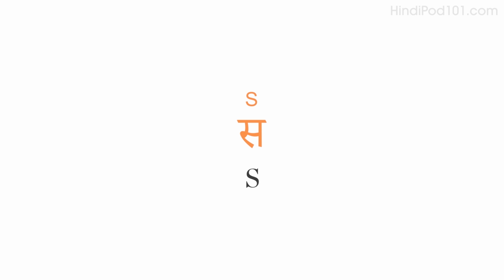We also have a sound that is similar to the English letter S, like in the word sun. This is S. This one is S, and we will use the capital S from now on when we refer to it. Okay, what's next? We also have N. N is just the sound of the English letter N. R is the same as the sound of the letter R in rat.